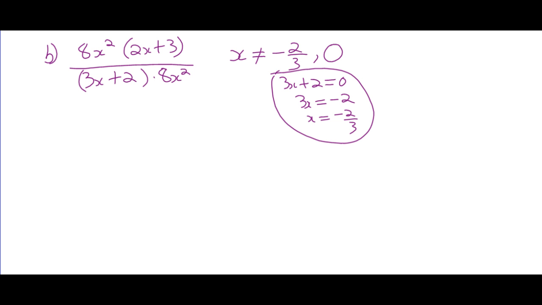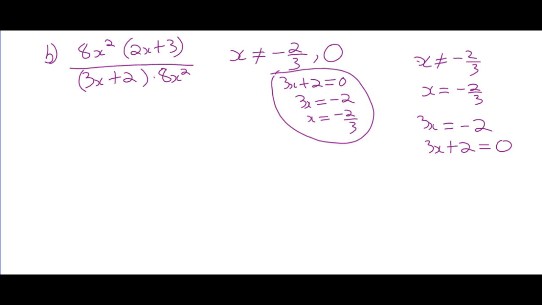By the way, if I tell you that a restriction is this, and I ask what's the factor that goes with that restriction, here's the restriction: x cannot equal -2/3. You just do this backwards. You just set x equal to -2/3. You multiply both sides by 3. You add the 2 to both sides. The factor is the thing that's going to make that equal to 0, right?